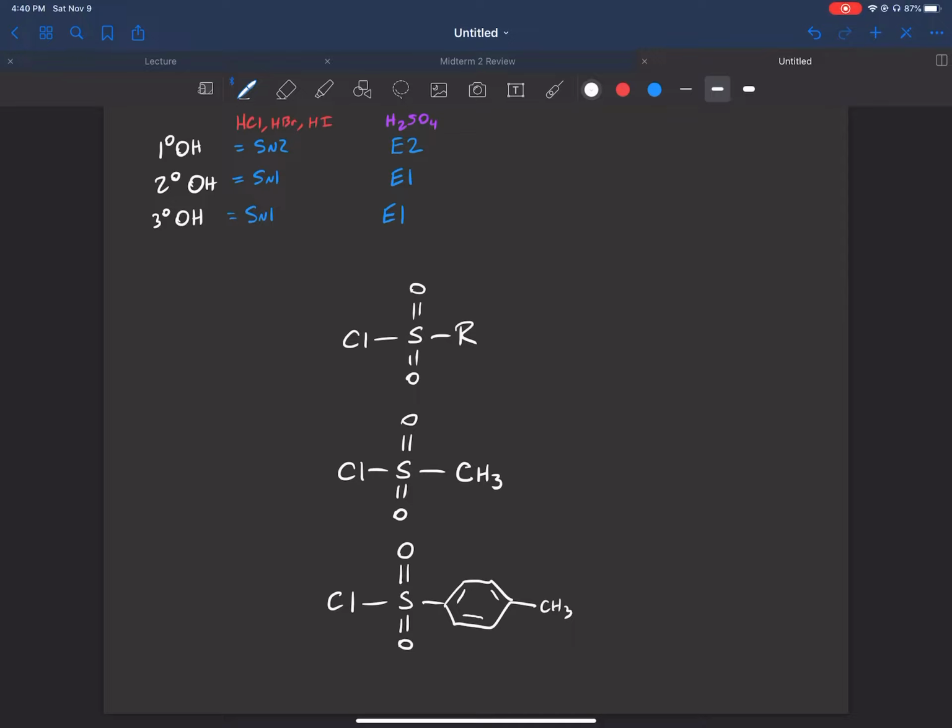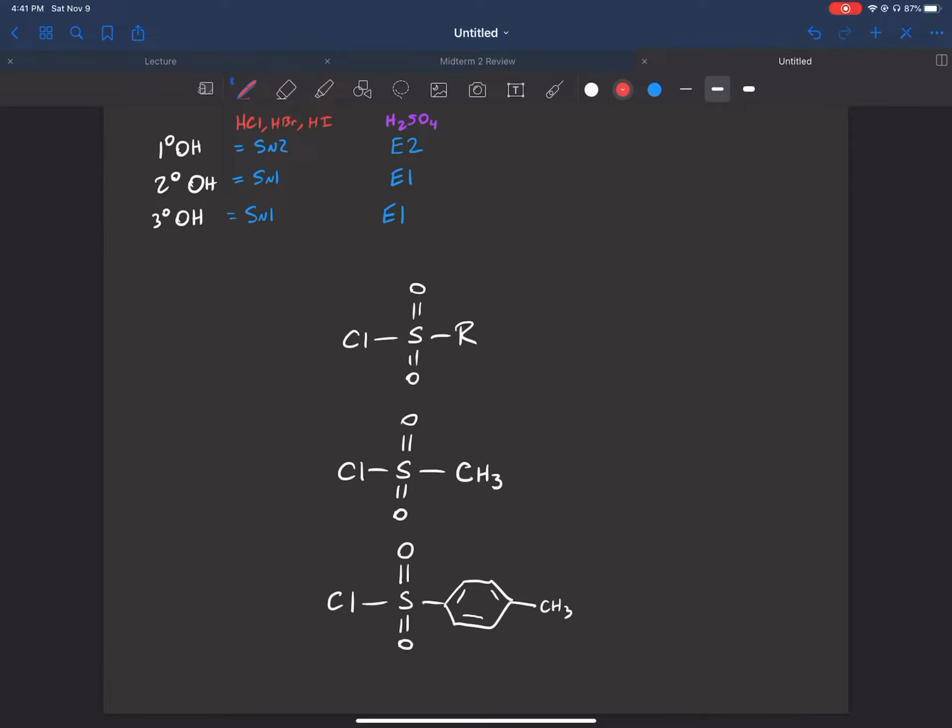It's got this benzene with a methyl on it. But you can see the R group is the cutoff right there. The bare bone structure is a common structure between them. So those are tosylates and mesylates.